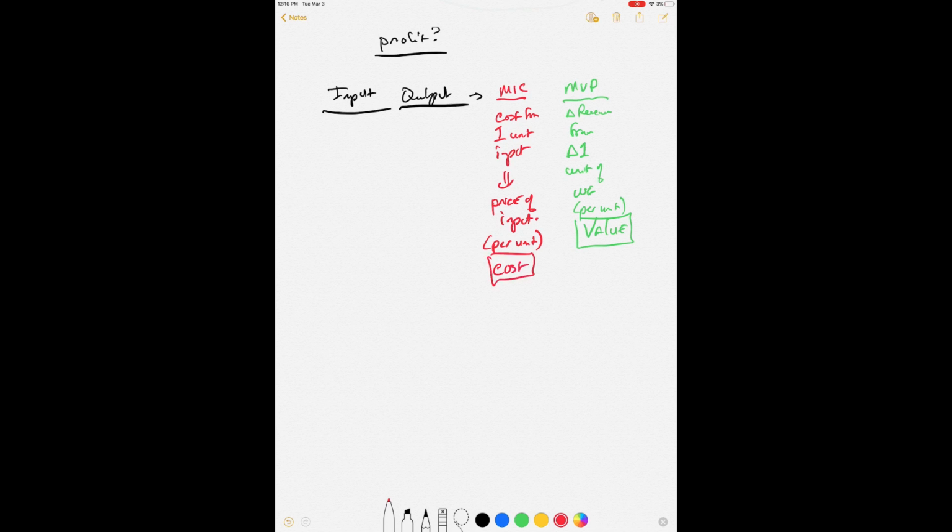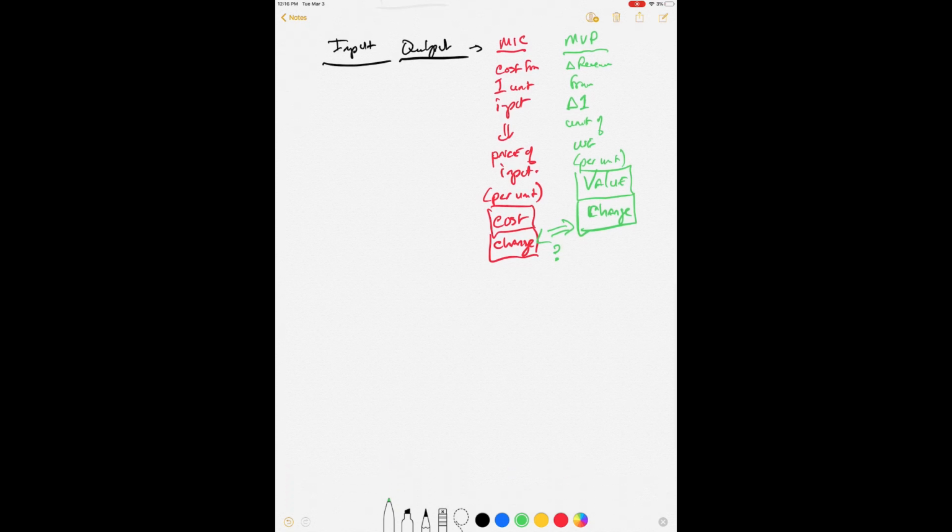The marginal input cost gives us the cost. But both of these aren't really whole values. They're the change in cost when you use 1 more pound of fertilizer or 1 more hour of labor. And then it's the value of that change based on the product that you sell. The question is, how much should we keep pushing? We want to get in stage 2, but we got to keep pushing input use to get there.